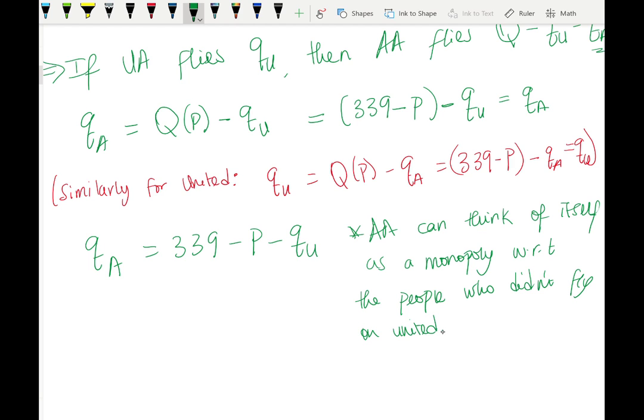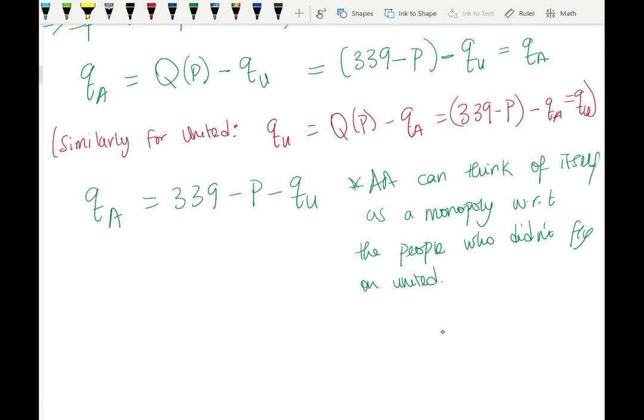Now this should give you some good breath, because you're coming from that monopoly model, you know how to do the calculation, and so you're in familiar territory. With this information, we can now work with this, because this is American's residual demand function.